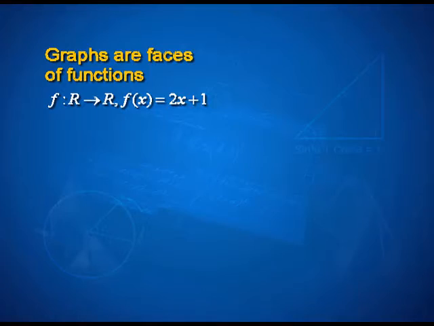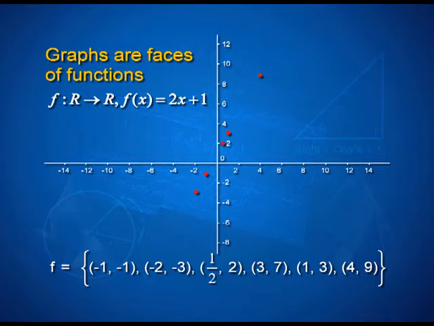Let's start with this. Suppose I have a function f from real numbers to real numbers, f of x is 2x plus 1, and I take a few of the ordered pairs in this function and I plot them in the Cartesian system. Then it just looks like random points that have been marked. But now if you look closely, this f, the function, is going to have infinitely many ordered pairs in it, because R is the set of real numbers.